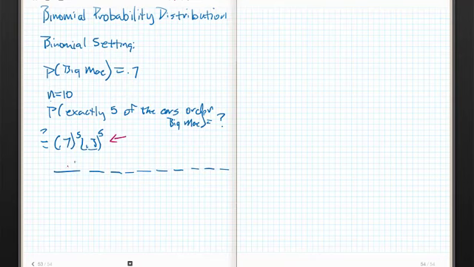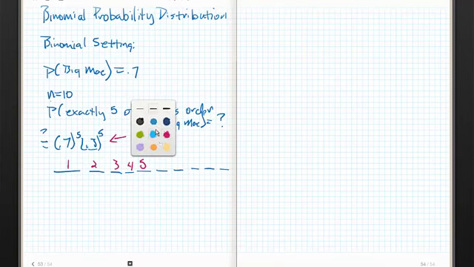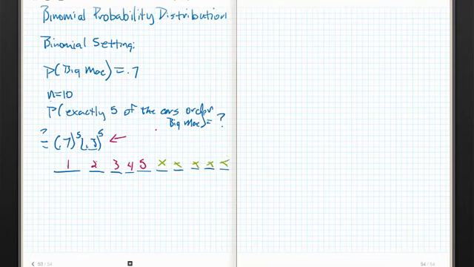What it's really doing is assuming that the first car orders a Big Mac, the second car orders a Big Mac, the third car, the fourth car, the fifth car orders a Big Mac, and then the rest of these guys don't order Big Macs. That's what it's really saying. But what we're looking for is exactly 5 of the cars ordering a Big Mac.